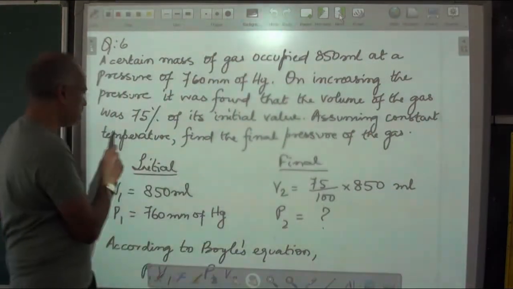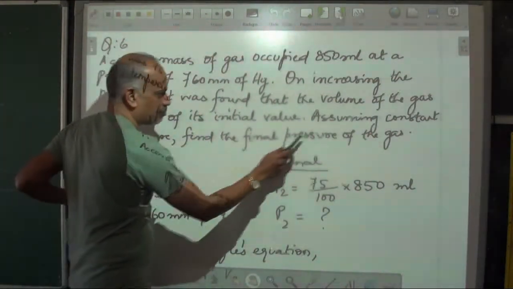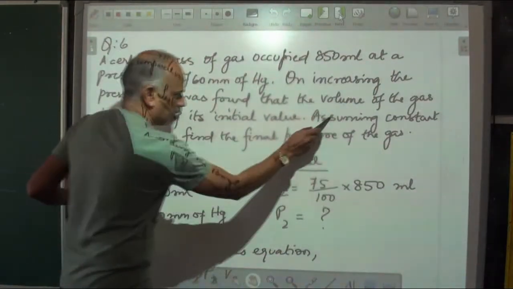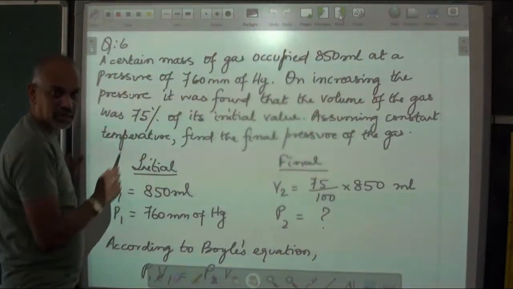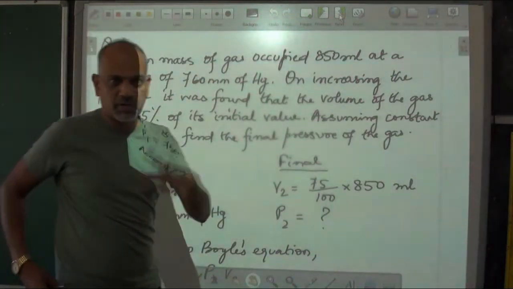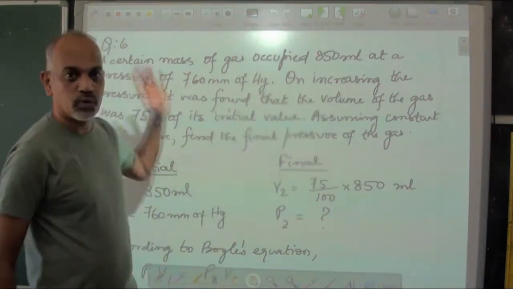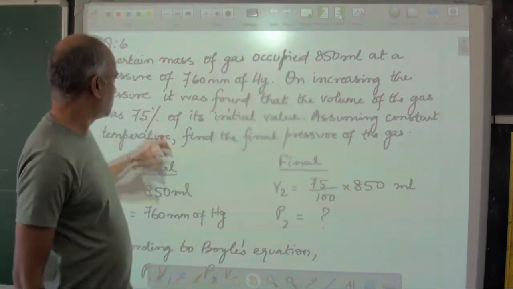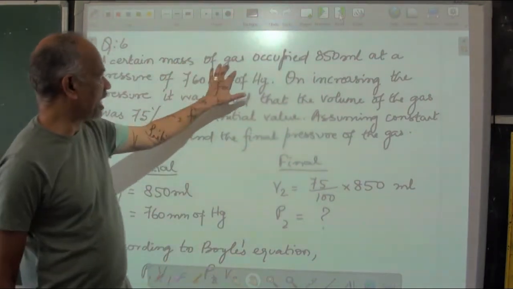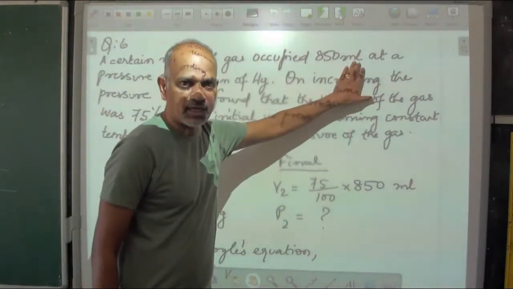Assuming constant temperature, find the final pressure of the gas. Temperature is going to be constant, so the quantities involved here are only pressure and volume.